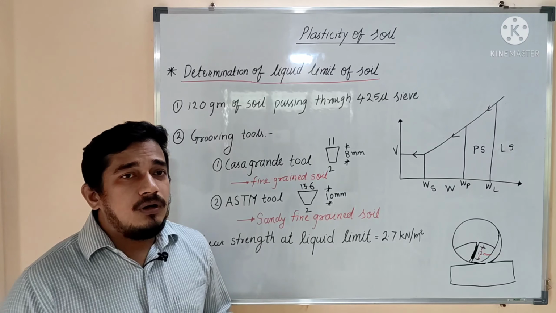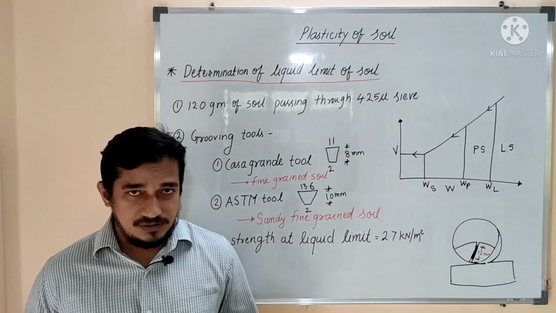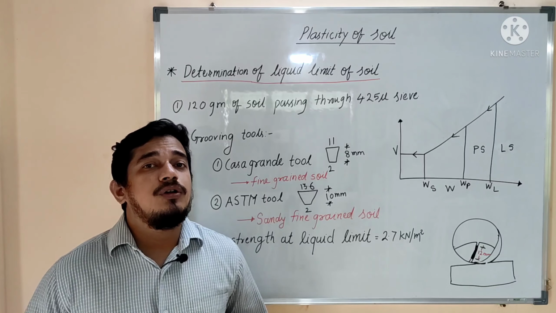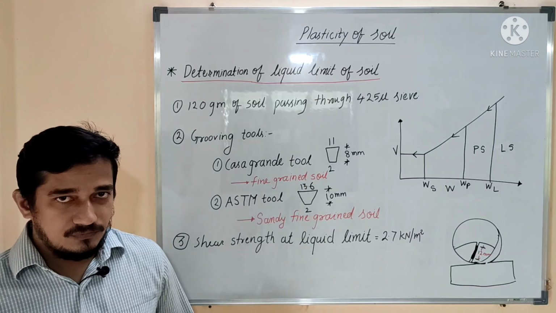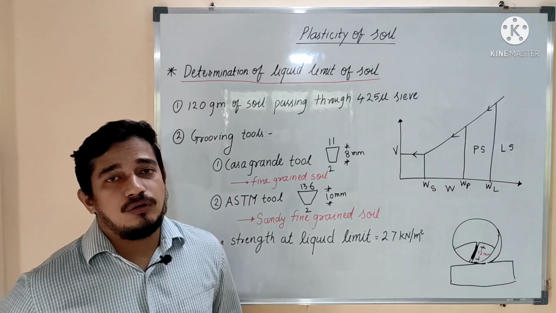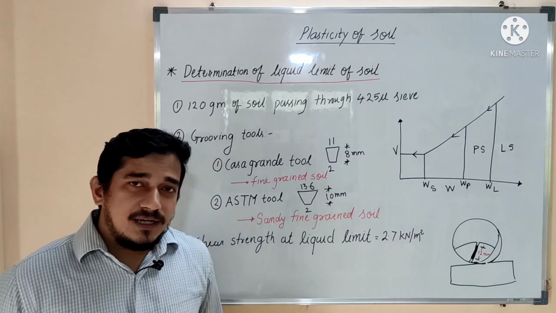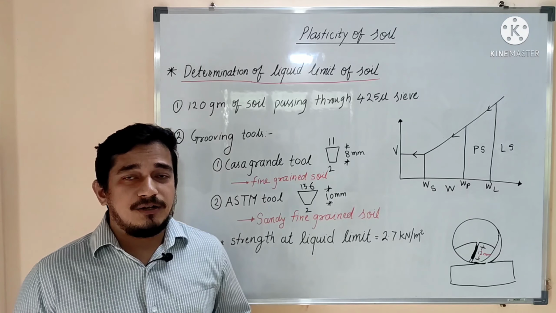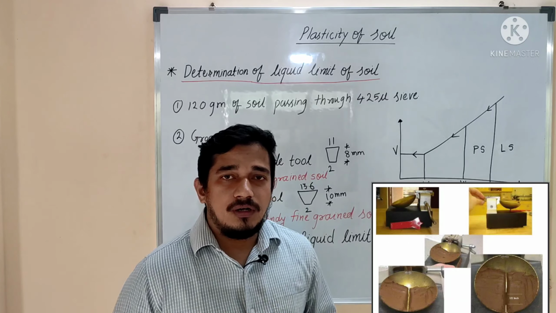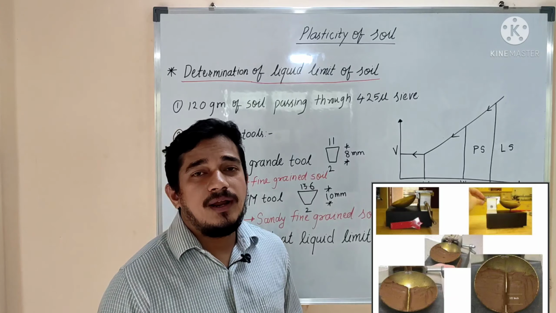Now for the determination of this liquid limit we have generally two methods: one is the Casagrande method and another is the cone penetration method. As far as your syllabus is concerned, we will go thoroughly into the Casagrande method. In the Casagrande method we will be using the Casagrande equipment. The Casagrande tool consists of a brass cup provided with a rotating handle.